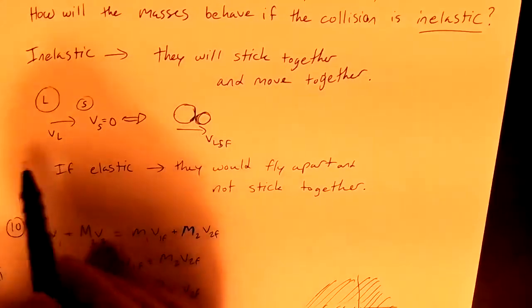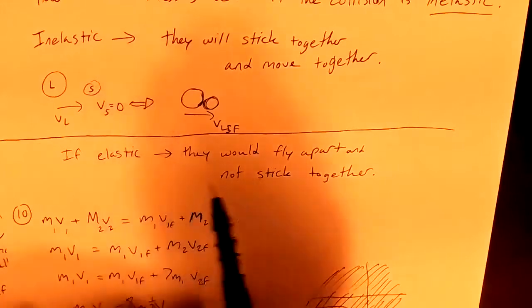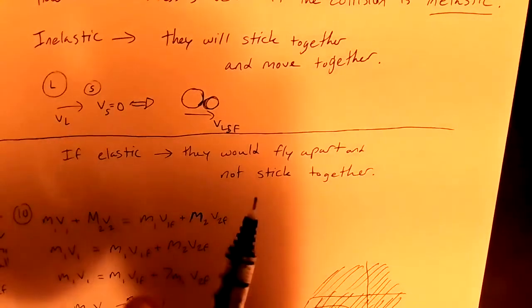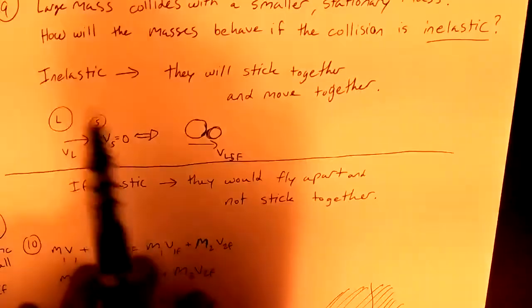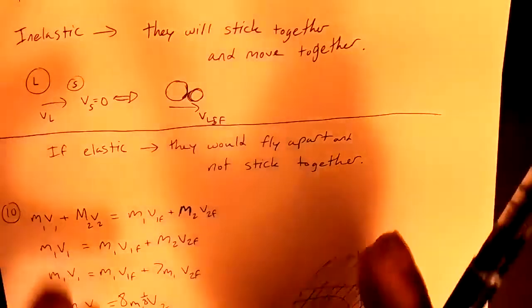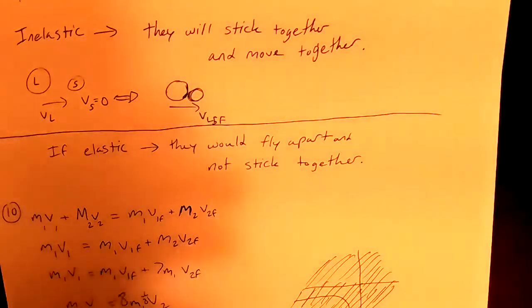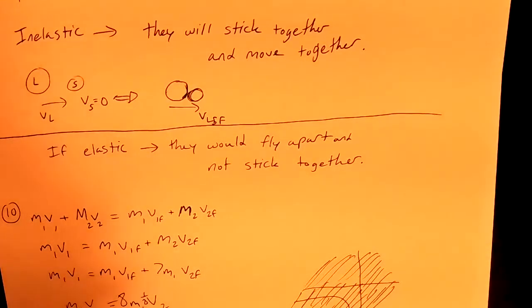But if it were elastic, so this is just hypothetical now, they would fly apart and not stick together. So inelastic, stick together, and their kinetic energy would change. If it's elastic, they would fly apart and not stick together. Kinetic energy would be the same before and after the collision.